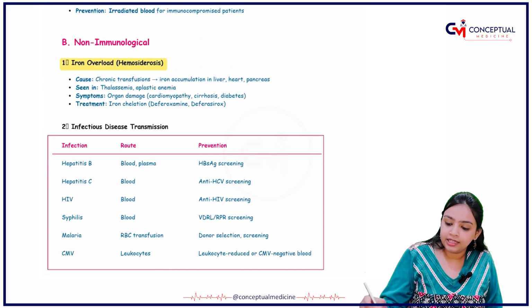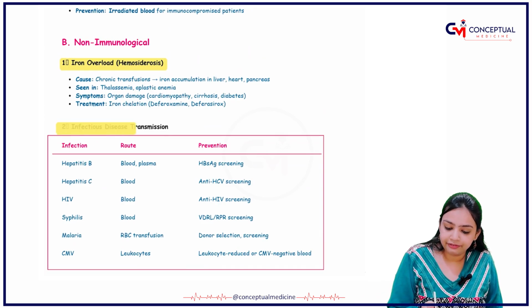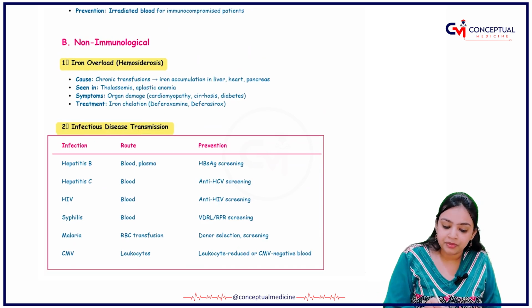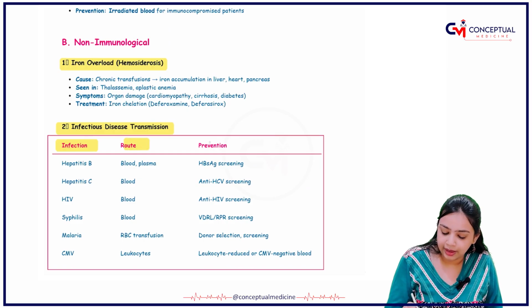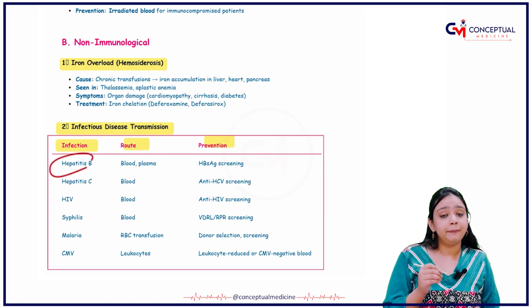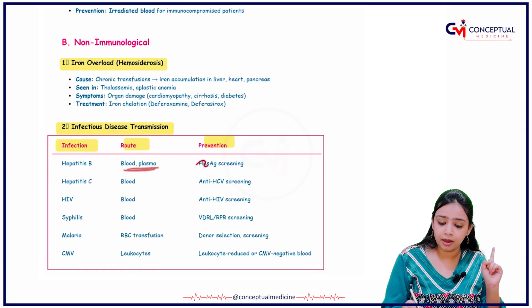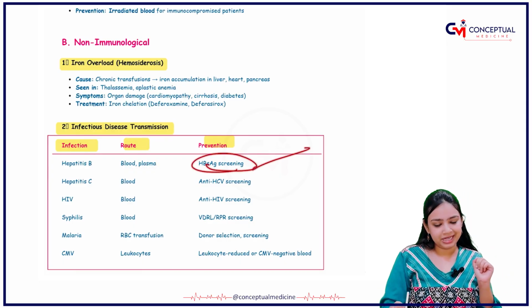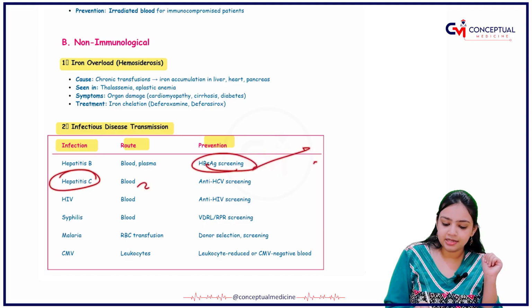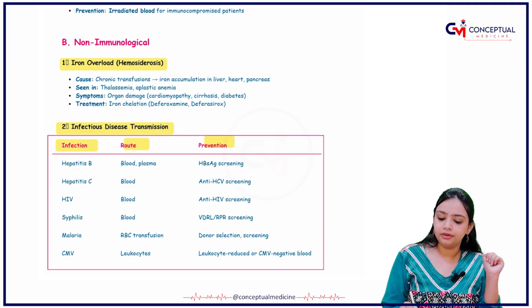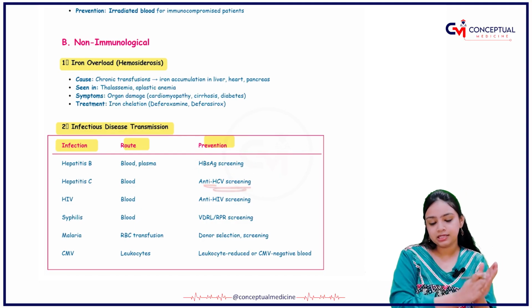Next you have infectious disease transmission. Here I have written the infection, route and how you will prevent it. For hepatitis B, the route is via blood or plasma. Prevention is you have to do the screening. For hepatitis C, blood is the route and also anti-HCV screening.